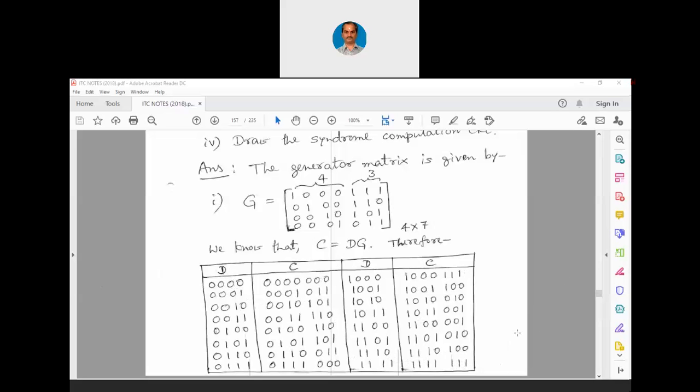Now this is the code word that is going to be transmitted from the channel encoder for the corresponding data word. The channel encoder is going to receive this data vector, perform the matrix multiplication C equals D into G, and transmit it. That can be one approach. Another approach is that the channel encoder can have a lookup table for each received data vector.